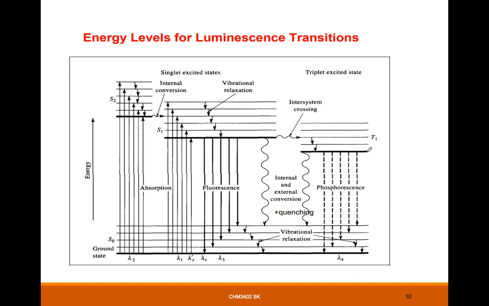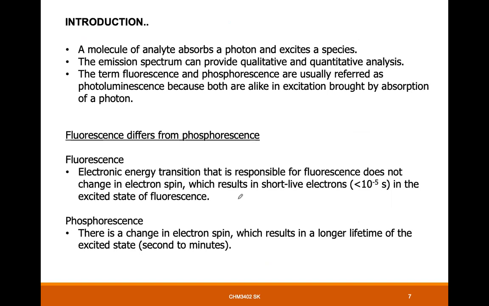L is the orientation, like S, P, D, F. ML is the magnetic number, and MS is the spin, whether it's clockwise or anti-clockwise. For fluorescence, there is no change in terms of spin. The electronic energy transition responsible for fluorescence does not change the electron spin.